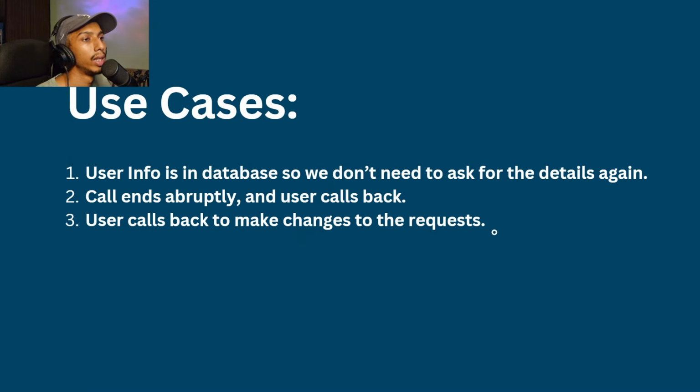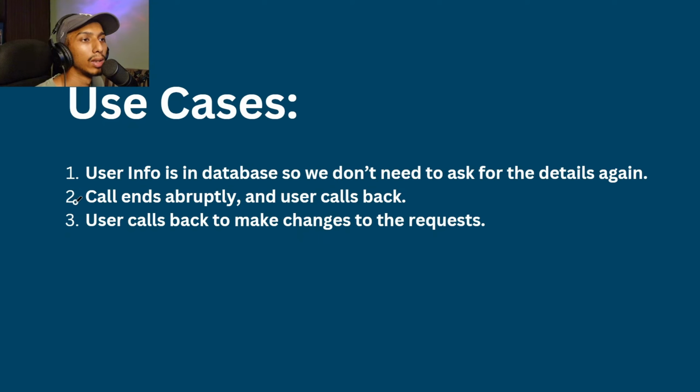Whenever the name is in the database or the person has ever contacted a business, that human agent remembers that person, that yes, his name is John or anything like that. If we have it in the database, it picks up the data and doesn't ask again for their email address or phone number. So this is the first use case.